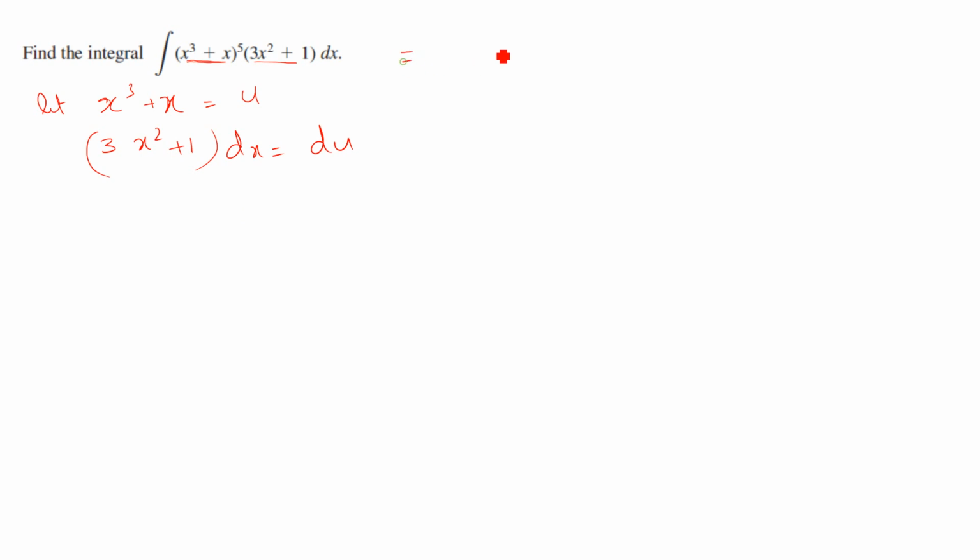So this integral will now become the integral of u to the power 5 du. Now this is very easy: u to the power 6 divided by 6 plus c.